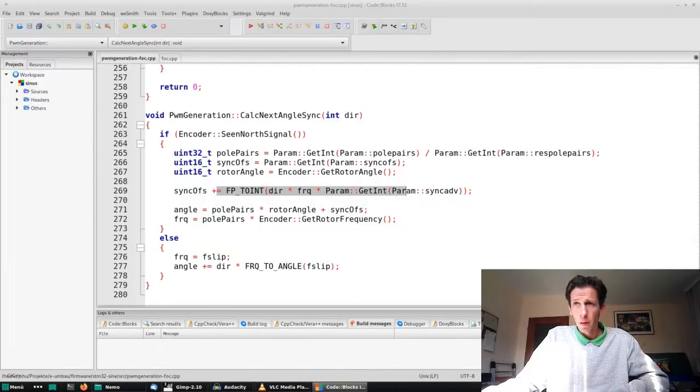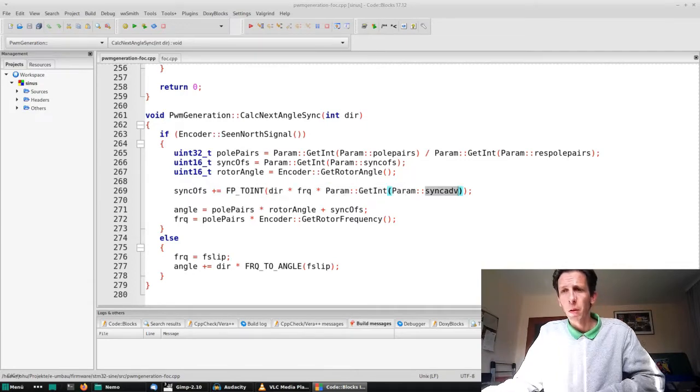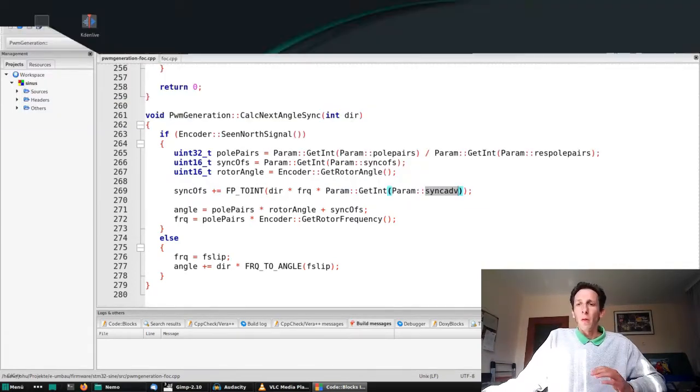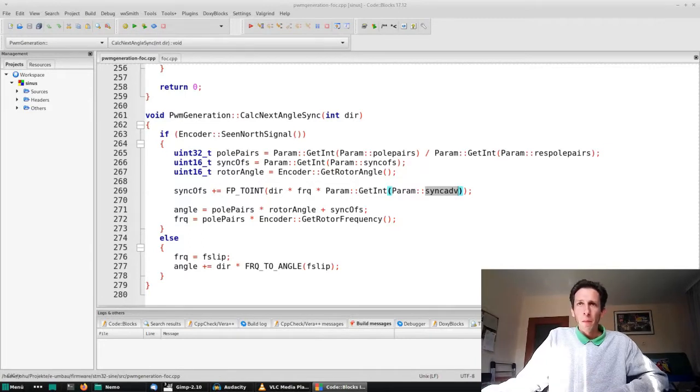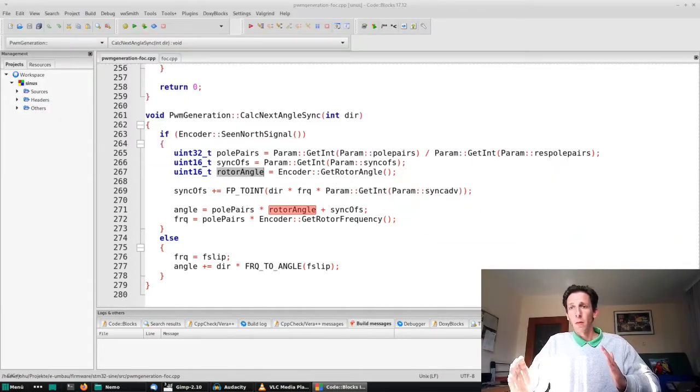And now here comes another surprise. It's parameter sync advance. By the time we run through this routine, the angle that we obtained here has a certain age. It's not measured at that instant, but it has been measured some time ago. In this case, I think it's about 60 microseconds ago. In that time the rotor will have moved on and is actually at a different position.